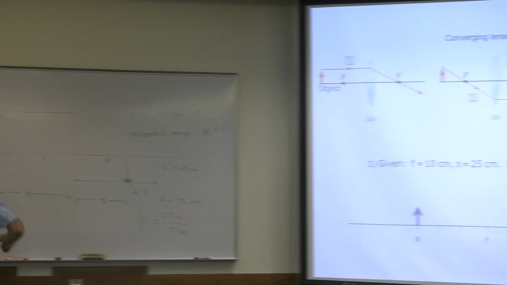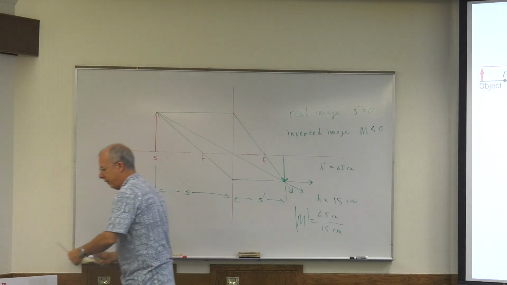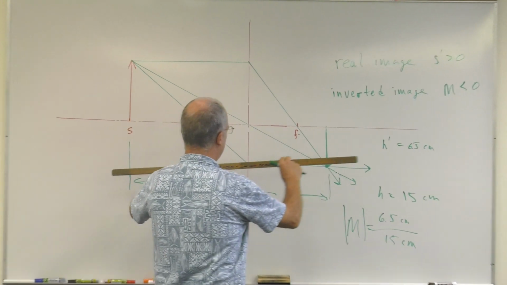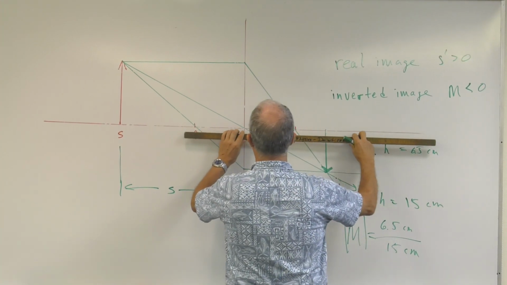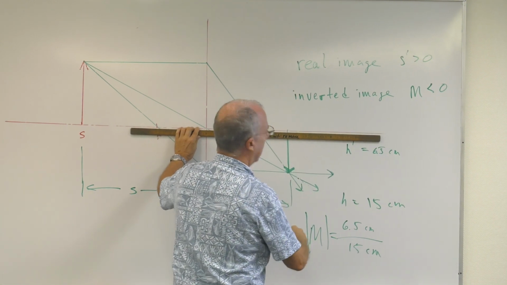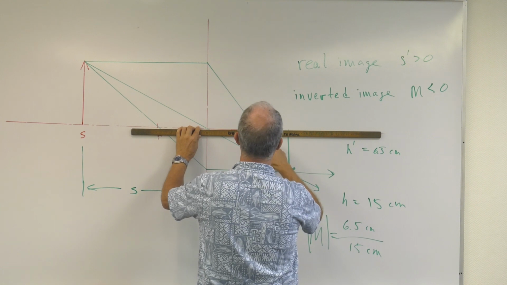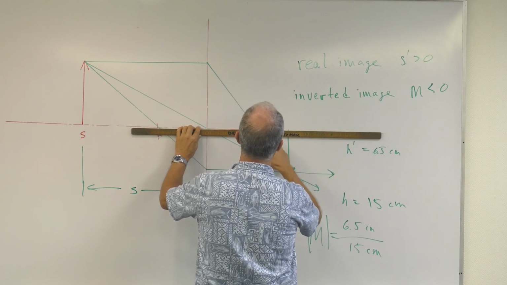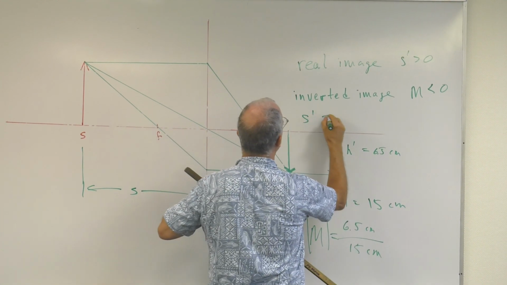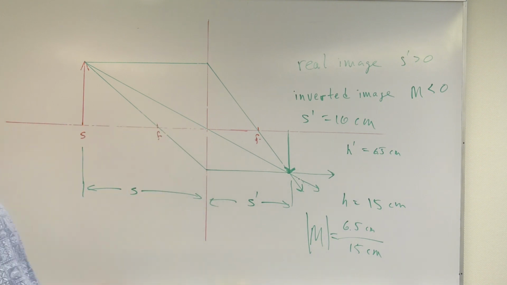So this is the easy one, I'll be honest with you, all right? I should find the answer for this. Let me find the answer. So S prime is about 16 centimeters, about.